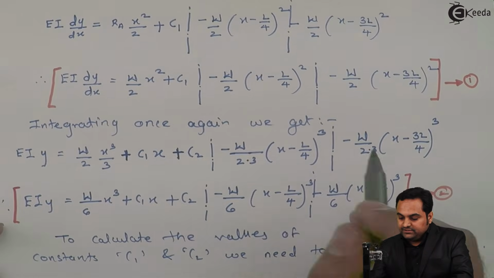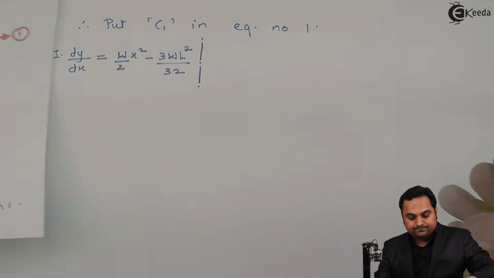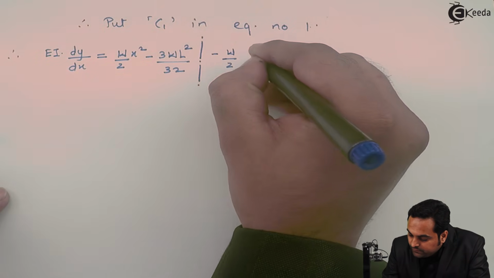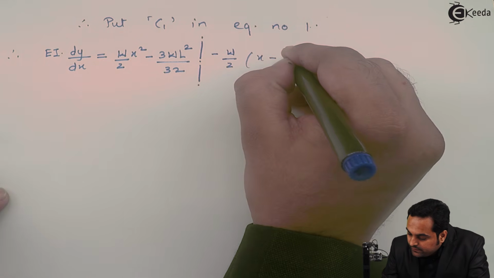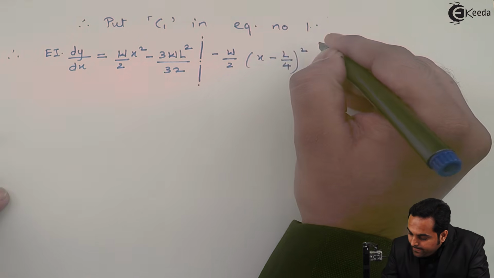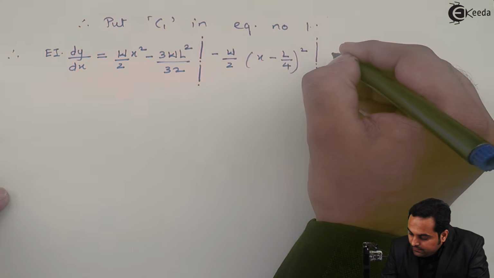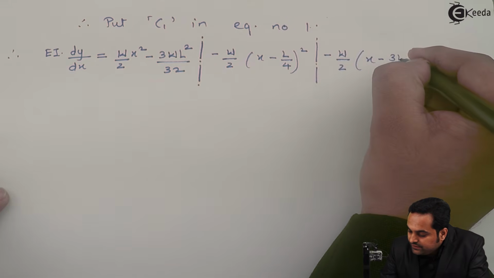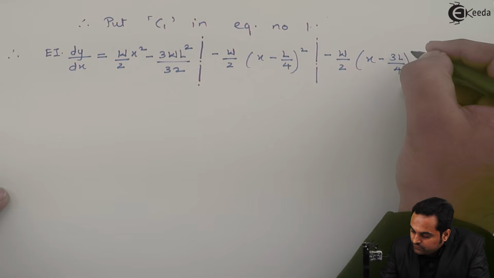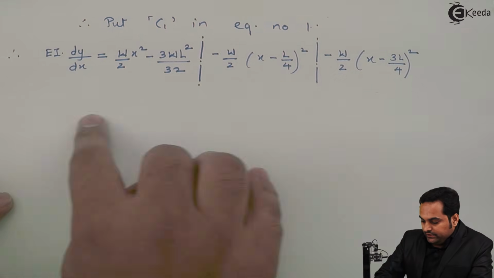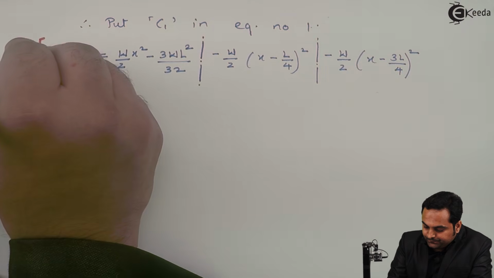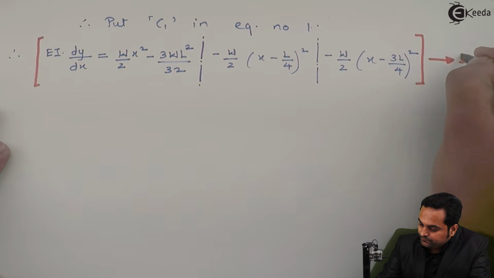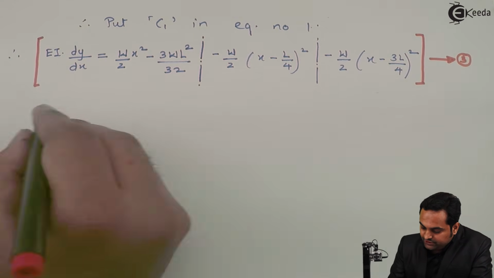Next I'll just copy these terms as they are. So minus W by 2 into (x minus L by 4) square, minus W by 2 (x minus 3L by 4) whole square. So here is the equation, which is equation number 3.